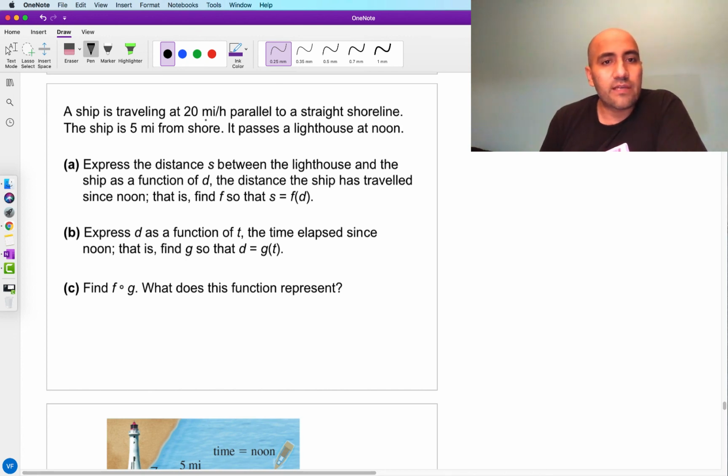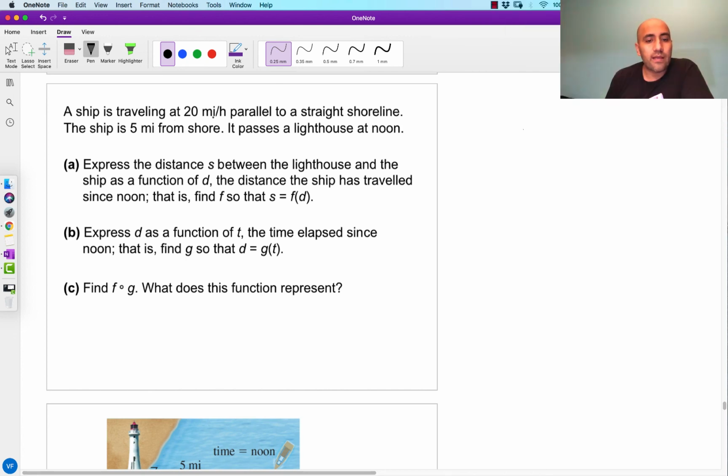The ship is traveling at 20 miles per hour, so why not make the units miles for distance? So distances are going to be in miles, and time is going to be in hours. Okay, so distance d traveled.